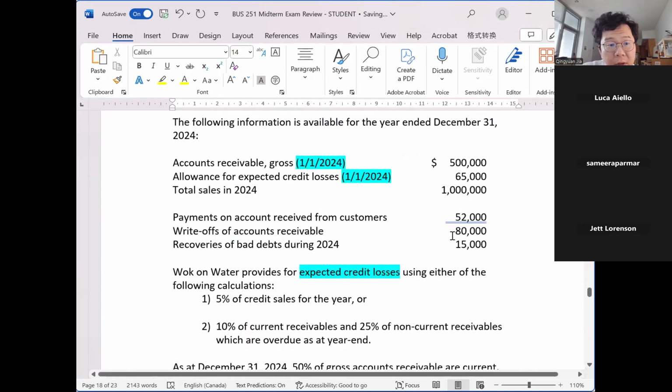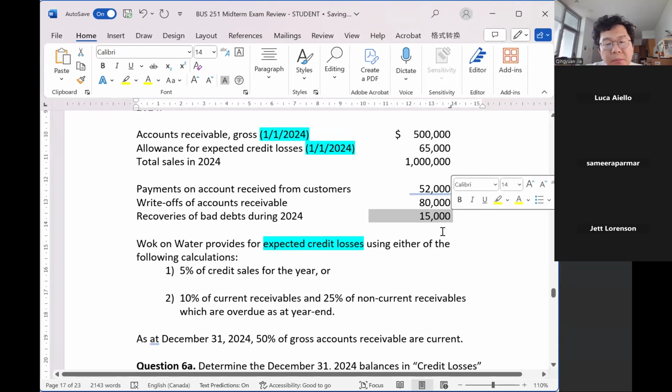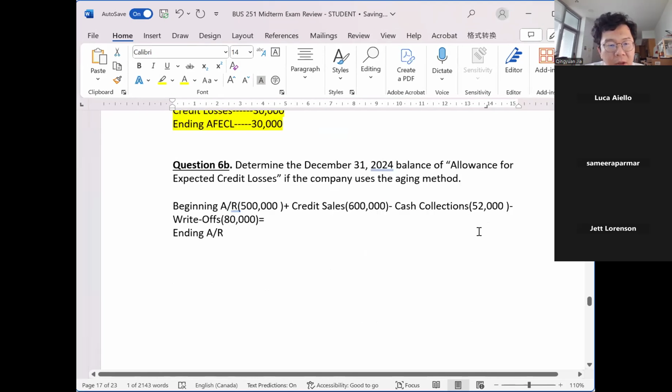And you can find it here, right? The write-offs of account receivable, 80,000. And then you should add the 50,000 recovery and subtract it, but we will not put this here anymore.